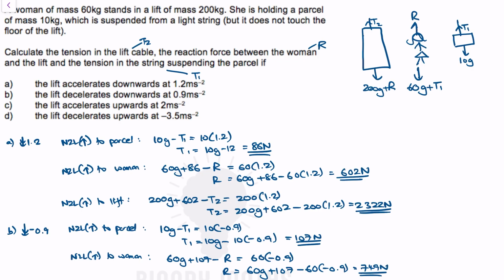Newton's second law applied vertically to the lift means we get 200g plus the reaction, which is 749, minus T2 must be equal to 200 times negative 0.9, which means T2 must be equal to 200g plus 749 minus 200 times negative 0.9, which works out to be 2,889 newtons.